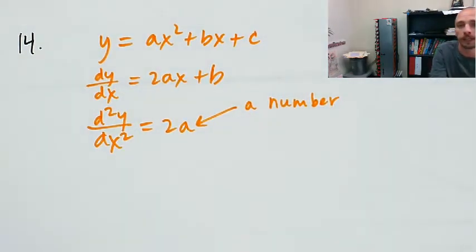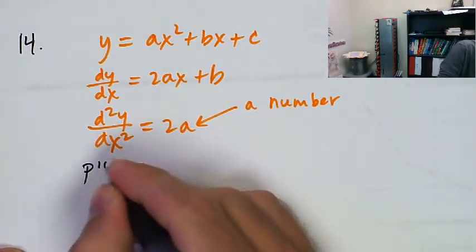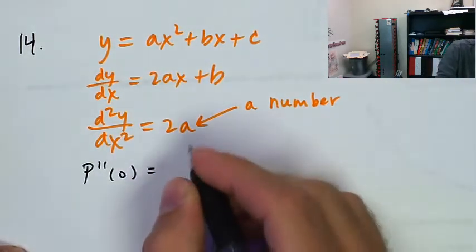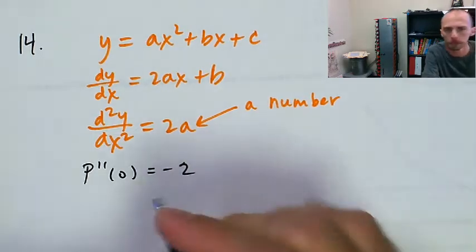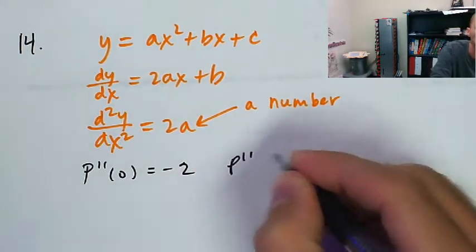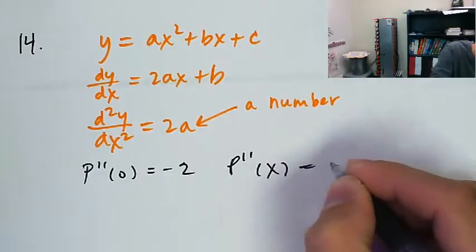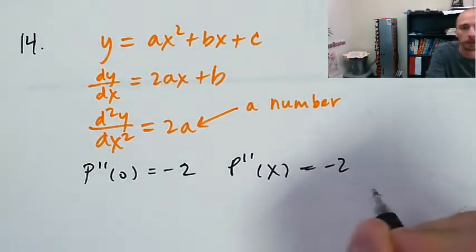Meaning that the second derivative for any second-degree polynomial will always be a constant. So in number 14, where they tell me p double prime of 0 equals negative 2, that might be kind of hiding the full picture, right? Because we know that p double prime of x needs to equal negative 2 for all x.